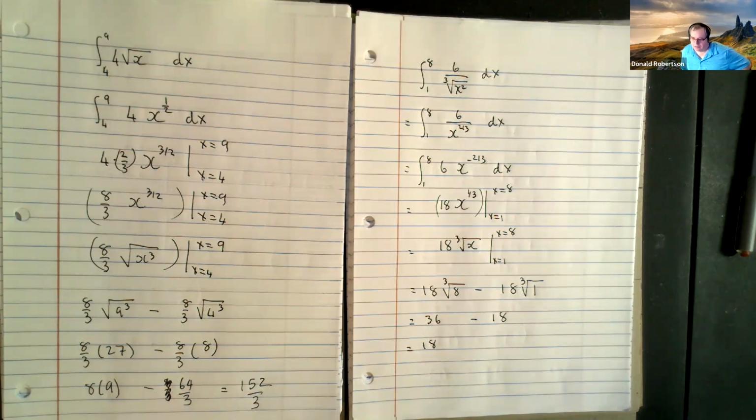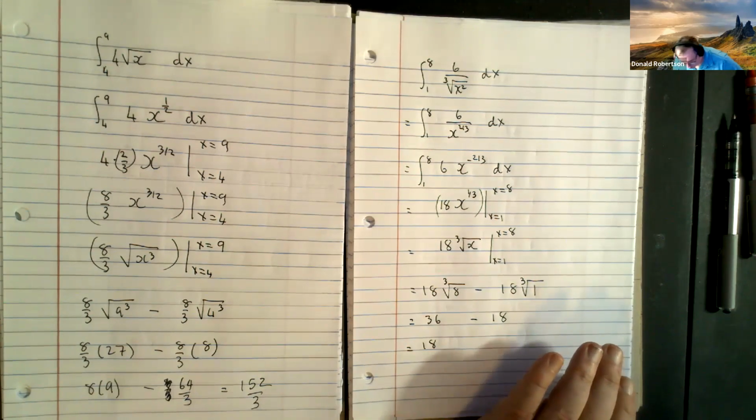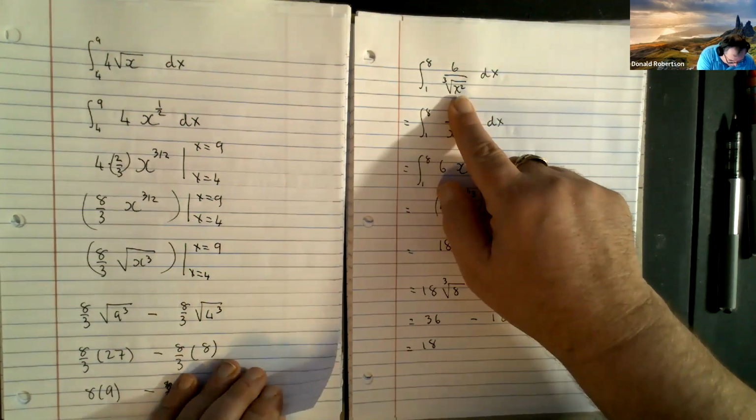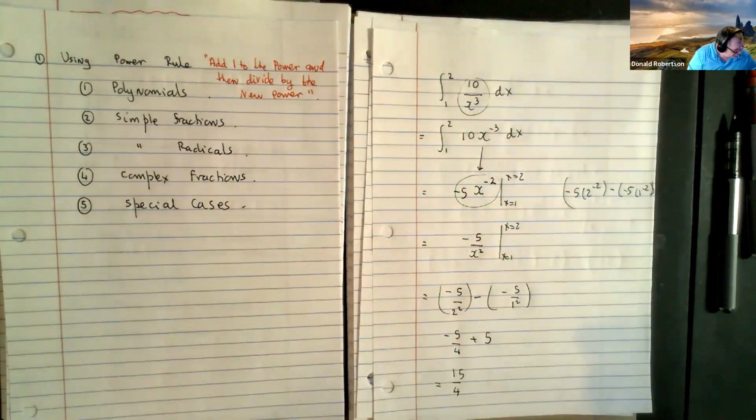There are a lot of situations where the power rule can be used to find an integral. We've done it with fractional things, with square roots. We've done square roots. We've done fractional powers.